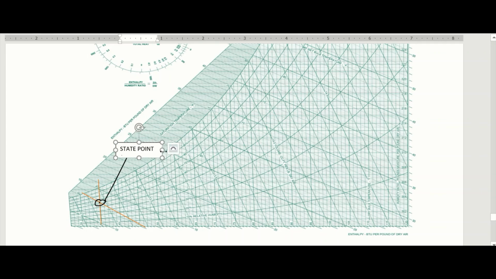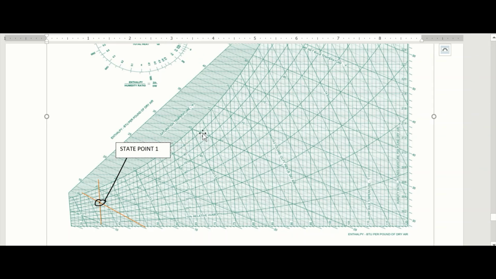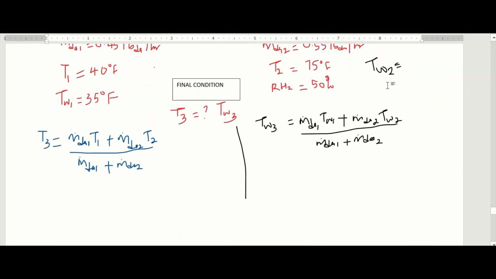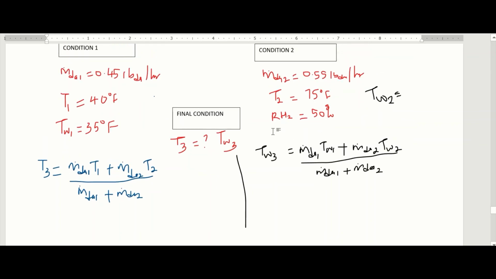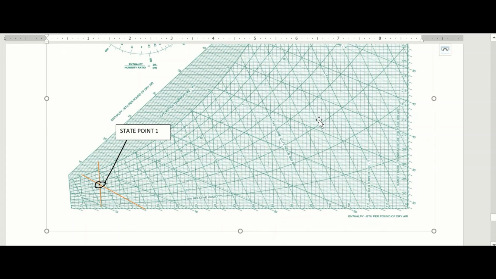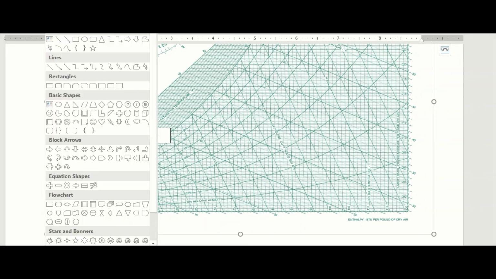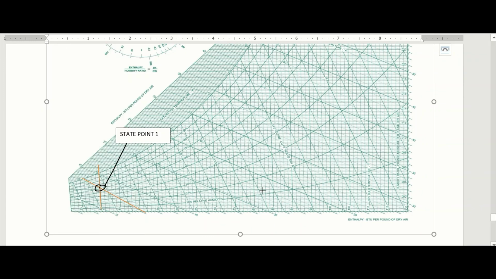Now for the second condition, which will help us find our wet bulb at state 2. We are given the dry bulb as 75 and the relative humidity as 50%. So I come back to my chart. We have dry bulb as 75. Take a pencil again. This is the dry bulb here at 75. You draw a straight line up.